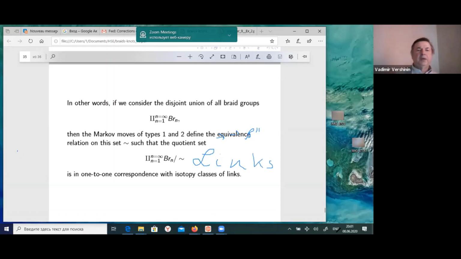So the formulation of the Markov theorem is that all links that we have been studying for several months now are equivalent to the following form: the set of equivalence classes of braids. Okay.